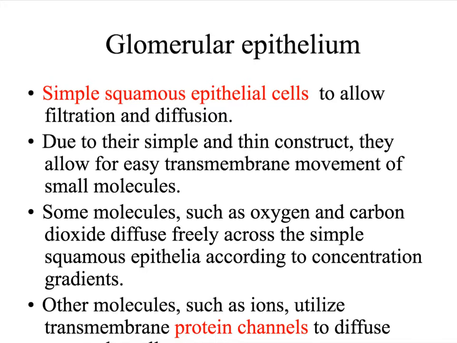It's lining Bowman's capsule. The capsular layer really does not have any function in the filtration of urine. The layer that does function in formation of filtrate and eventually urine is going to be the visceral layer, and that is going to be overlying the glomerulus itself.